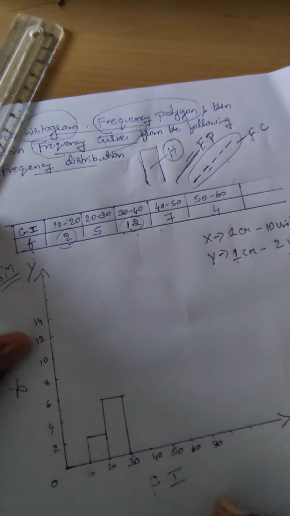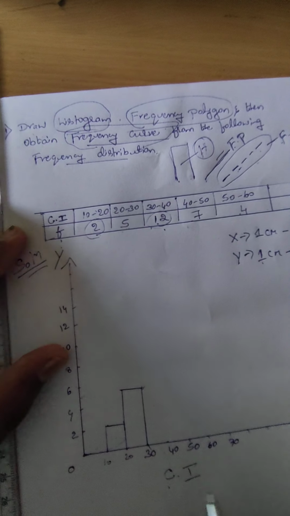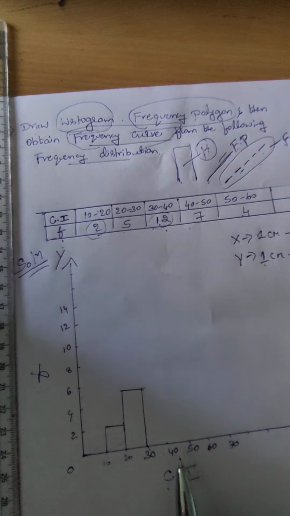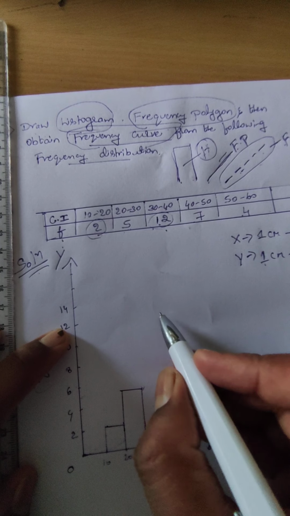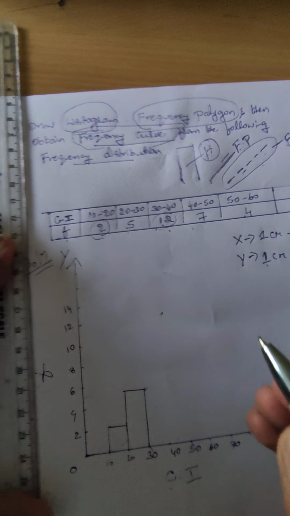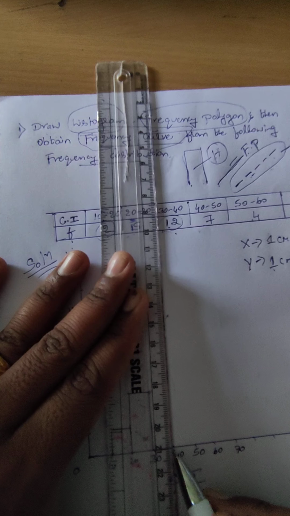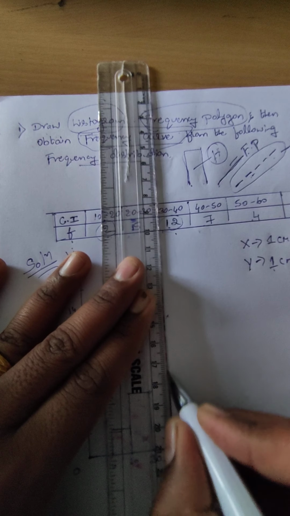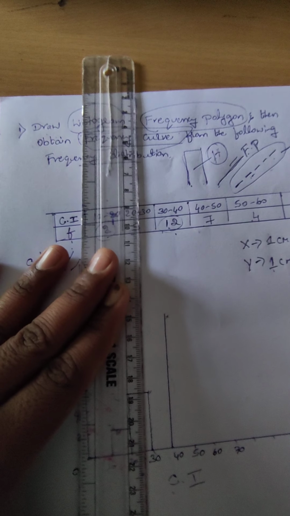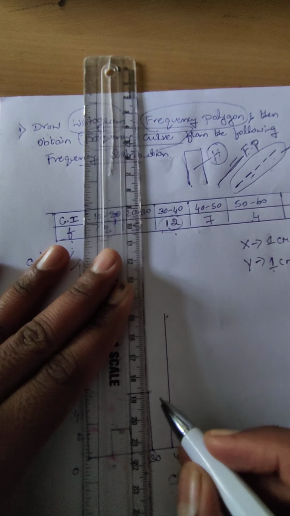Next, 30 to 40: the frequency is 12. We connect it with the previous class intervals.